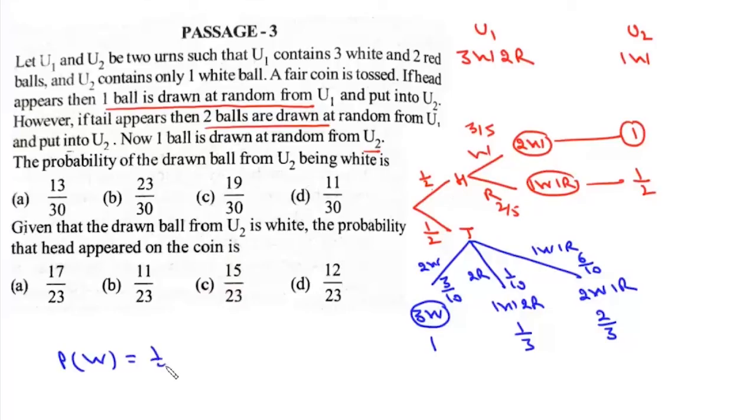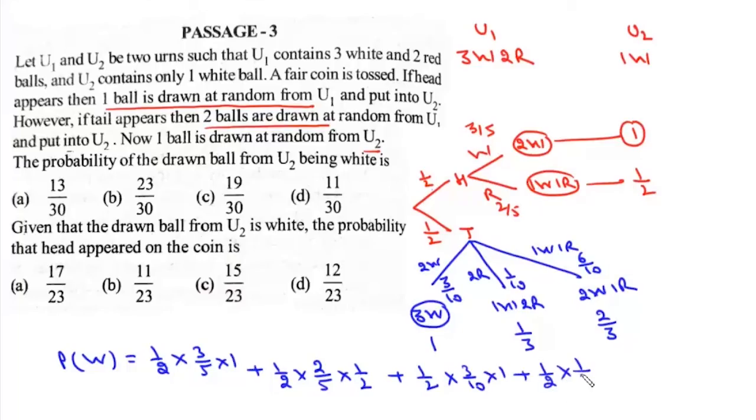So it will be 1 by 2 into 3 by 5 into 1 plus 1 by 2 into 2 by 5 into 1 by 2 plus 1 by 2 into 3 by 10 into 1 plus 1 by 2 into 1 by 10 into 1 by 3 plus 1 by 2 into 6 by 10 into 2 by 3.